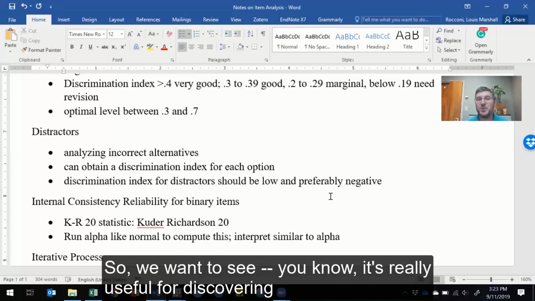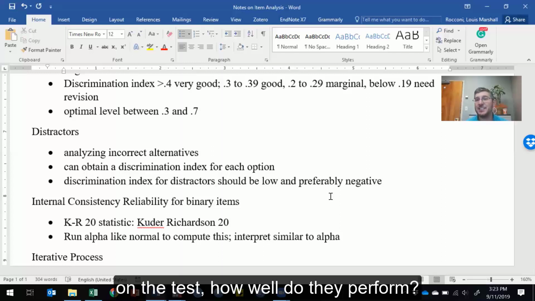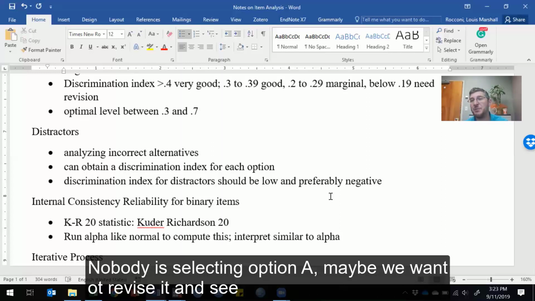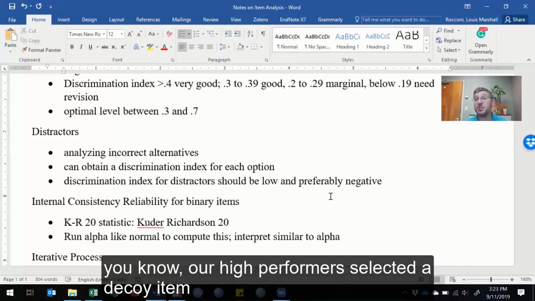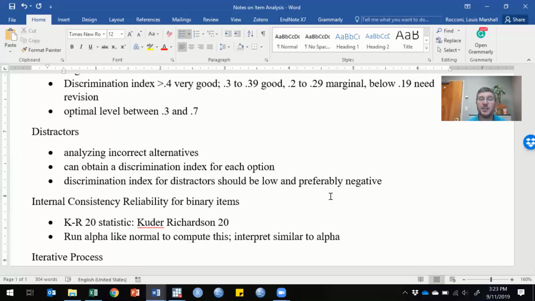It's really useful for discovering how well some of the decoy options on the test perform. Is nobody selecting option A? Maybe we want to revise it. Are high performers selecting a decoy item? That's another indication that something could be wrong with that item.